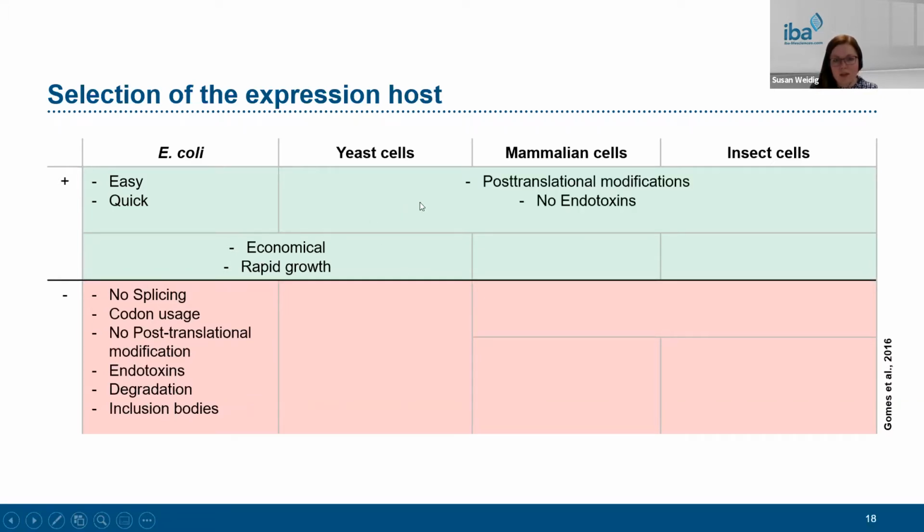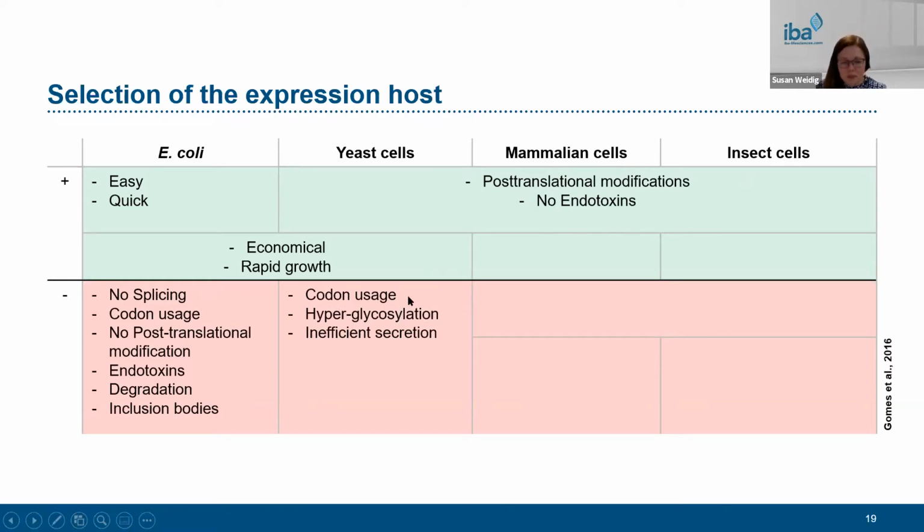Compared to E. coli, yeast cells, mammalian cells, and insect cells have these post-translational modifications, and the samples do not contain endotoxins. But like E. coli, yeast cells have disadvantages.